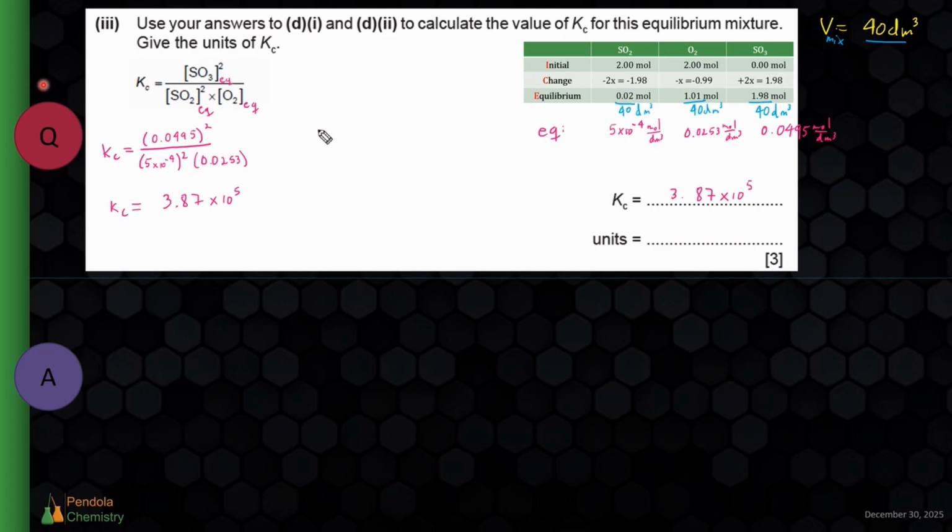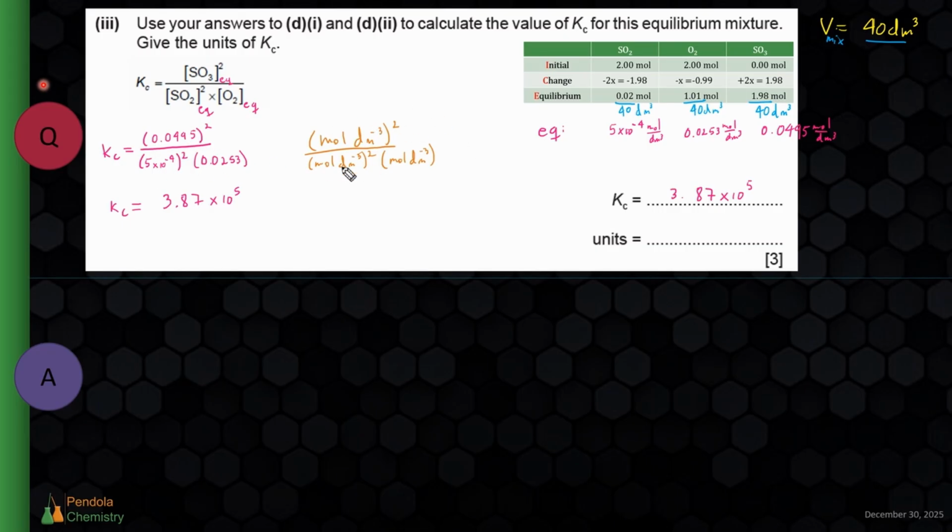So instead of 0.0495, the units were moles dm to the negative 3, squared, over, again, any concentration will be moles dm to the negative 3, squared, times moles dm to the negative 3.